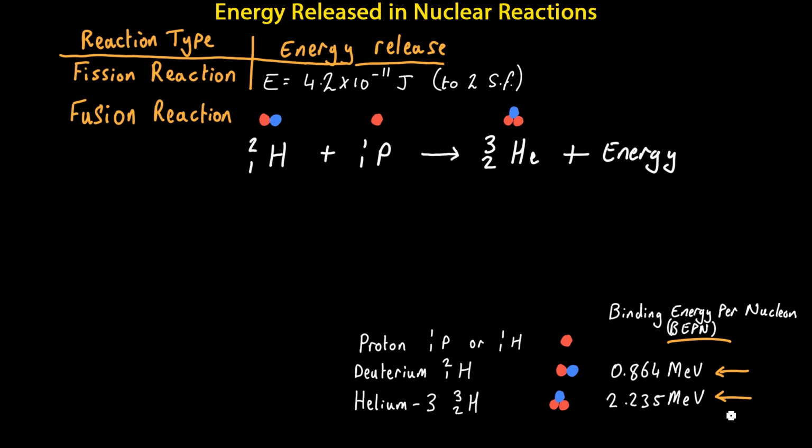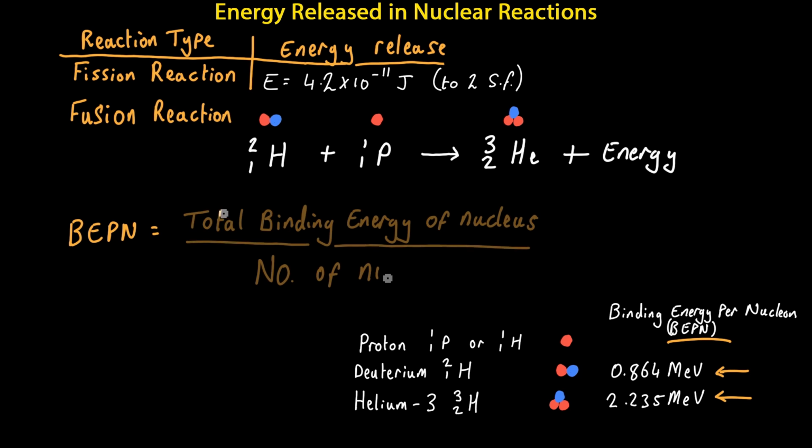Now we need to remember that the binding energy per nucleon is the amount of energy required to separate out all the protons and neutrons in the nucleus. In other words, completely break apart the nucleus, and then we divide this by the total number of nucleons in the nucleus.